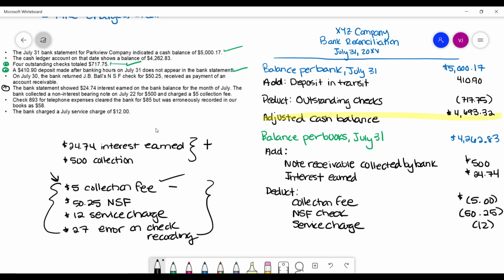And then finally, the error on check 893. We wrote the check for the right amount, and we gave it to the telephone company, and the check cleared for $85. But when we went to journalize that transaction, we accidentally only reduced cash by $58. So we now have to further reduce cash by another $27.